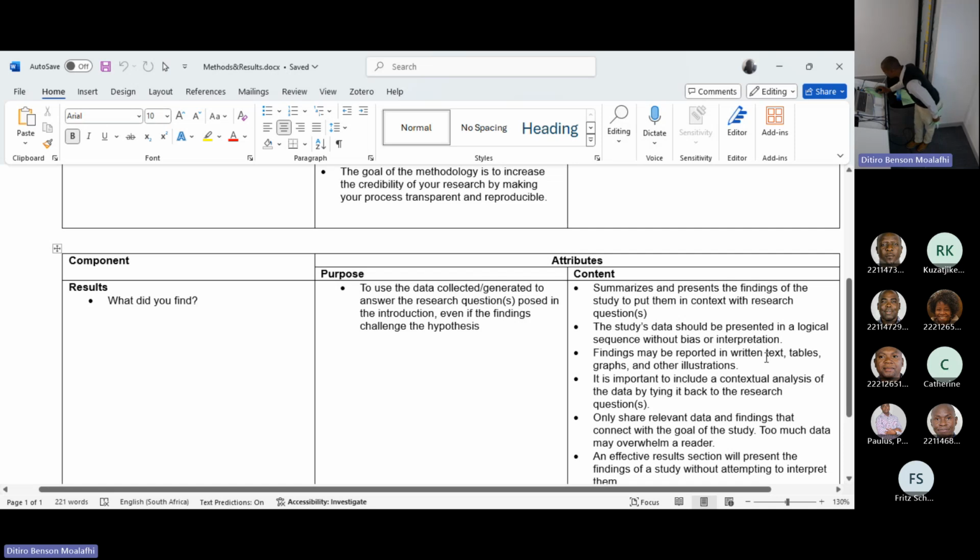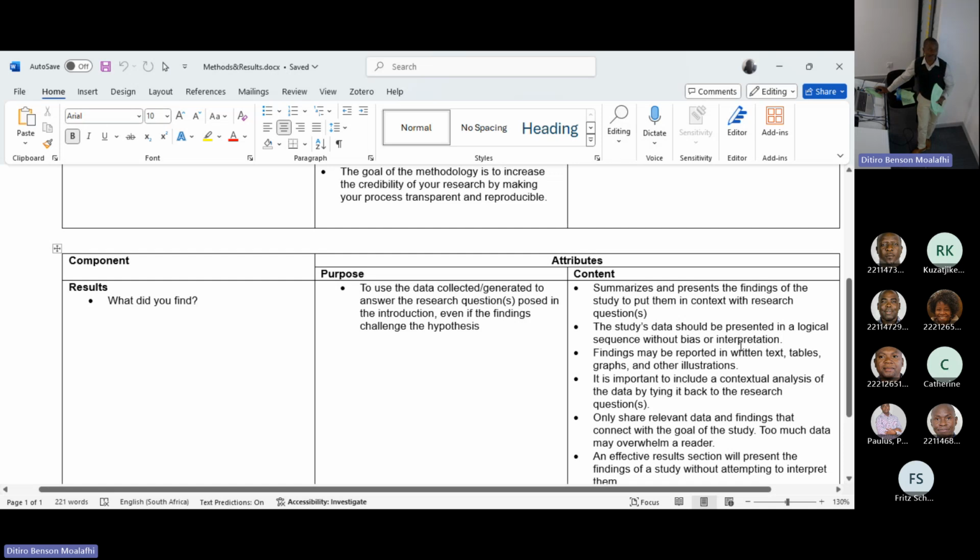Findings may be reported in written text, tables, graphs, and other illustrations. Depending on the journal outlet, sometimes you have allowance for giving supplemental material. This supplemental material could be tables or graphs, because maybe you have a lot of them. So you have to check with the respective journals what is needed. Some journals require you to upload the tables as individual files, and figures also as individual files.